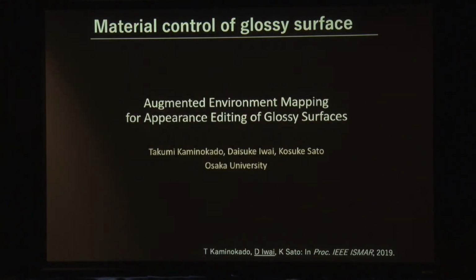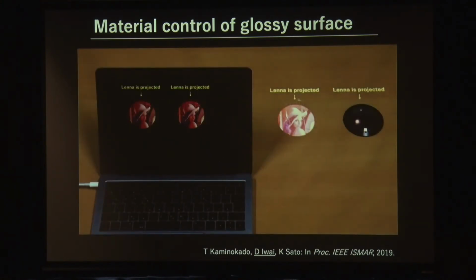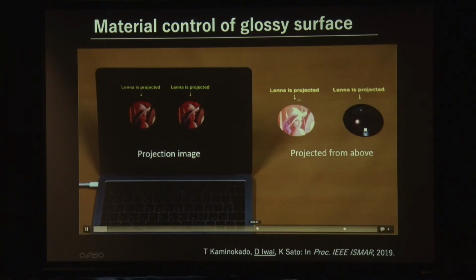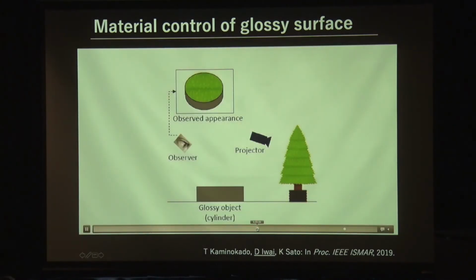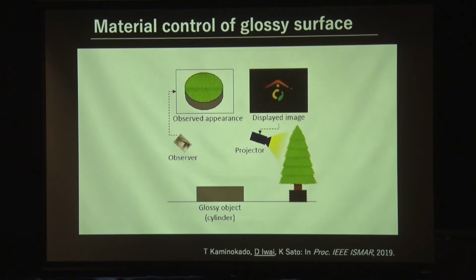We tried to solve another essential problem in projection mapping: if there is a mirror object, we cannot control its appearance by the projection image due to the specular reflection. The main idea to solve this problem is changing the appearance of the environment, not the object itself, to control the appearance of the glossy surface.